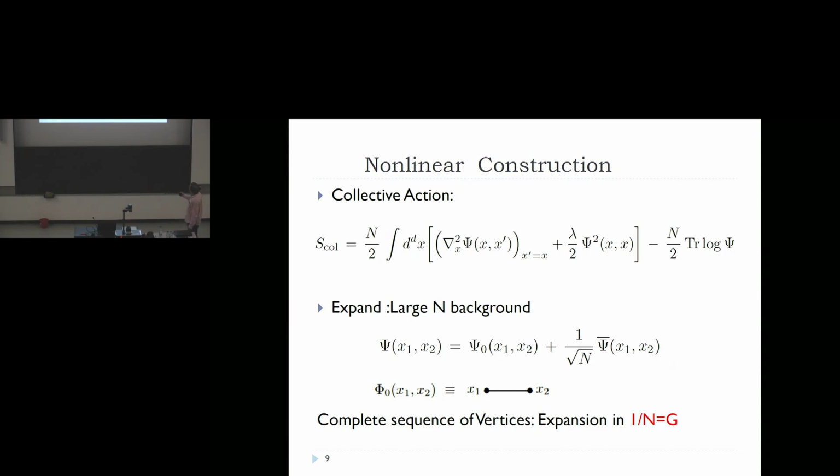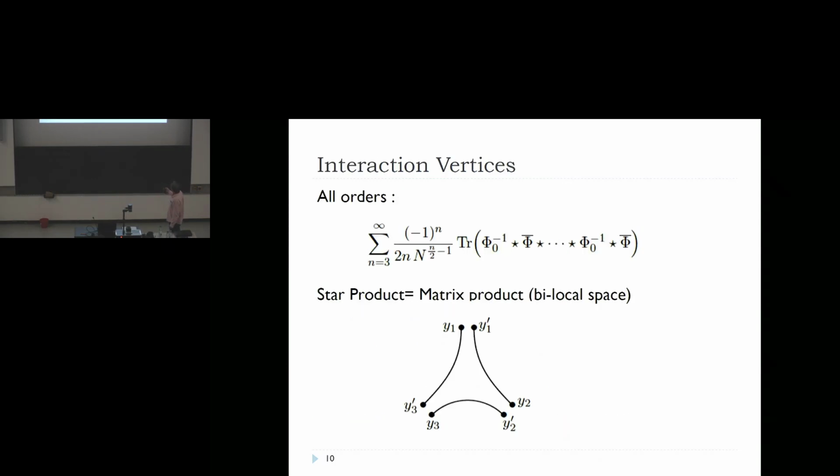And you proceed in the standard way. There is a background solution, which is the expectation value of the bilocal, and the correlator of the local. And then you expand that in perturbation theory. And that would generate the 1 over N expansion. So it's a very standard procedure.